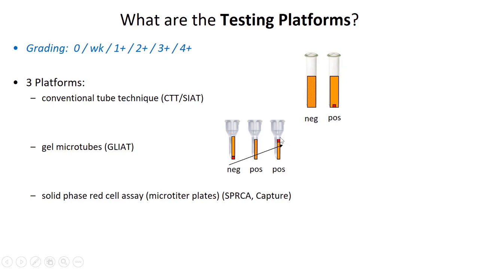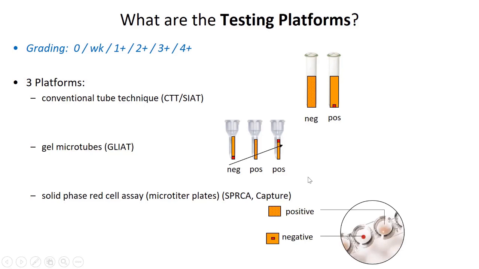But if red cells are agglutinating in a positive reaction, they will stay stuck at the top. The appearance of a positive on the solid phase microtiter plate is this slaking or this diffuse pink over the entire hemidome of that microplate. The negative reaction pools the erythrocytes down at the very bottom by gravity.